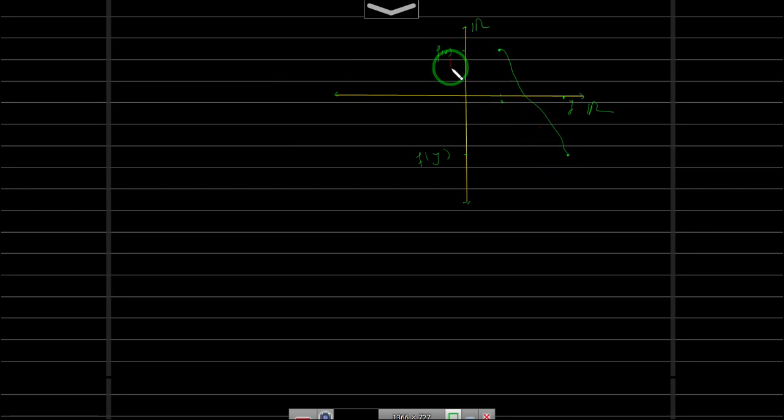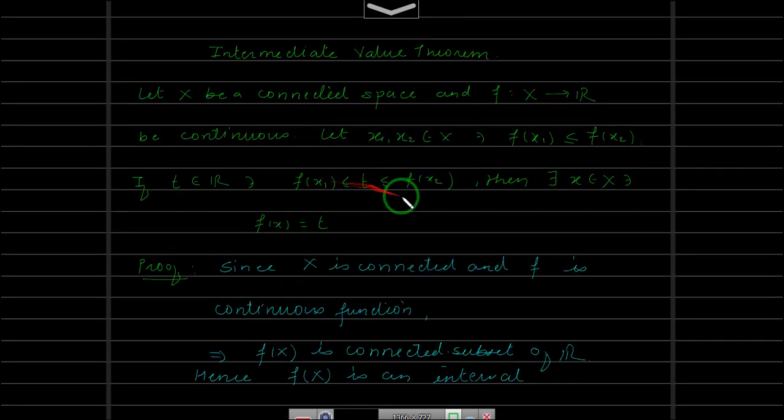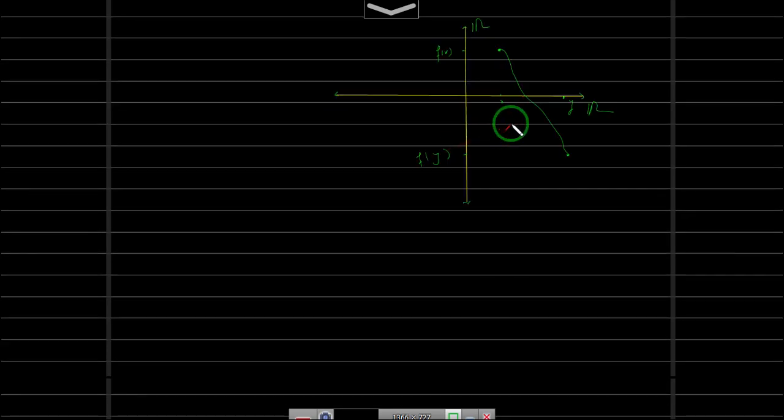And since f(x) and f(y) are of opposite sign, obviously 0 will be in the interval between f(x) and f(y). And since 0 is in that, by using the intermediate value theorem, we see that there exists some x in the domain which is mapped to 0. This will be the point in the domain which is mapped to 0. Okay, and that means we will have a root in that system.